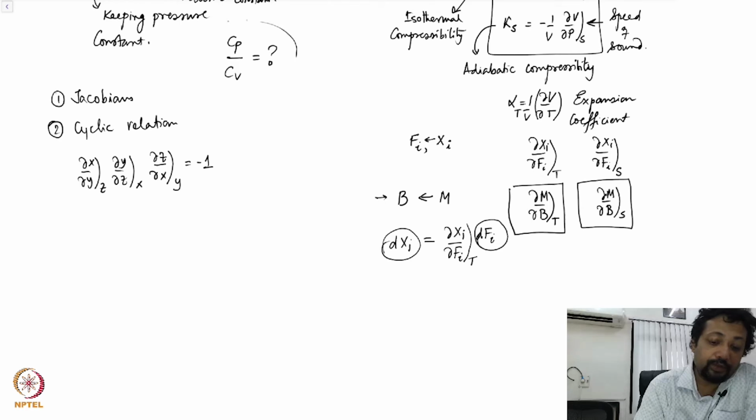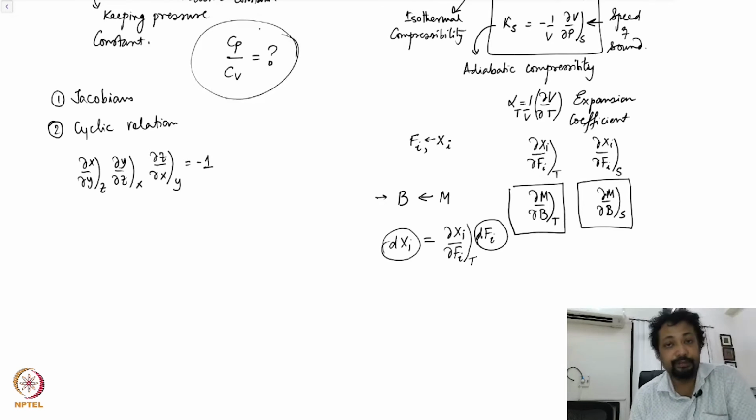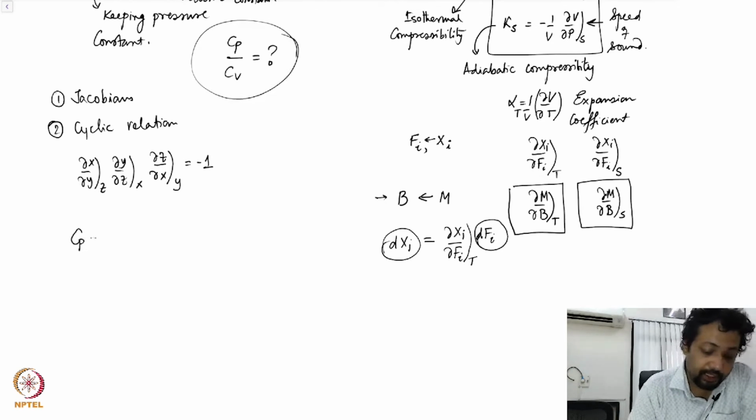So now, coming back to this, I want to find out the ratio of Cp over Cv. Cp is defined as T del S del T, pressure constant, and Cv is defined as T del S del T, volume constant.